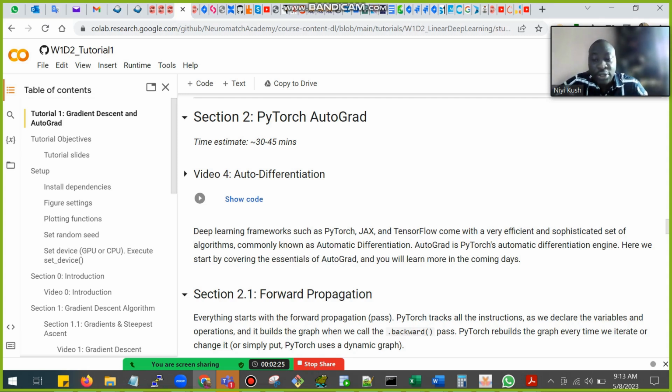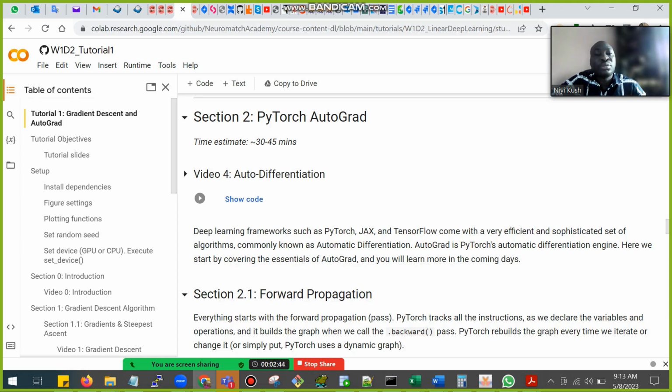So it does this using the chain rule, and from this explanation you will see that Autograd can be conceptualized or understood as a graph of functions. Yes, graph of functions.